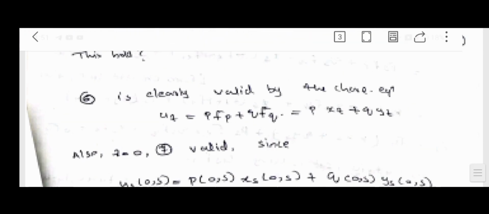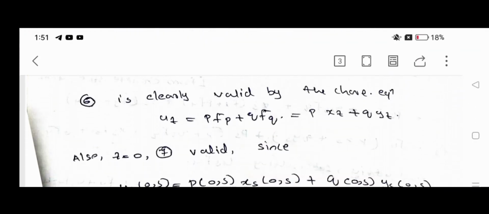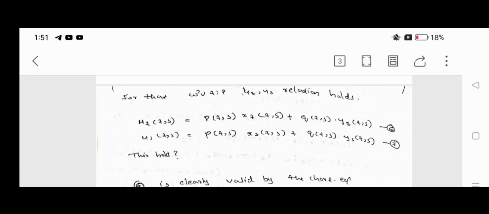Then u naught dash of s naught is equal to p naught of s naught into x naught dash of s naught plus q naught of s naught into y naught dash of s naught, which is valid since it is the given compatibility condition, the star.